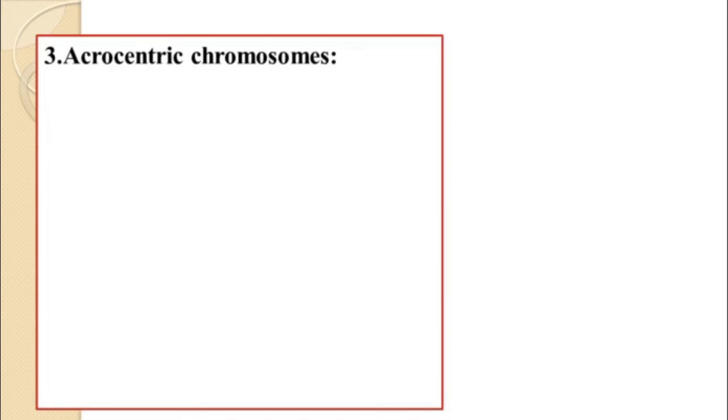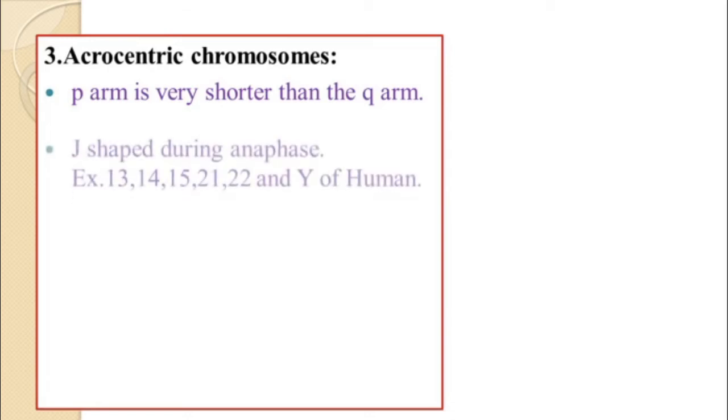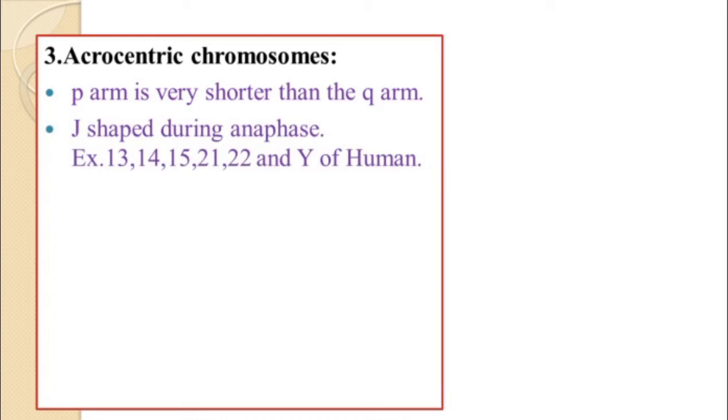Next, acrocentric chromosomes. In acrocentric chromosomes, P arm is very much shorter than Q arm, J-shaped during anaphase. Chromosome numbers of human being 13, 14, 15, 21, 22, and Y are this type.